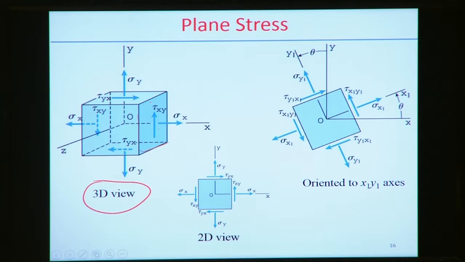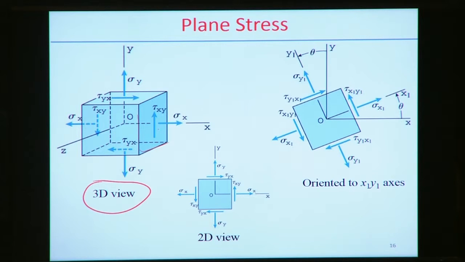In tau xy, the second subscript y represents the positive y direction, and the other component is x. Similarly tau yx is acting along yx, the second component along the direction x, and this is acting over the face. And similarly, sigma x is acting normal to the face.